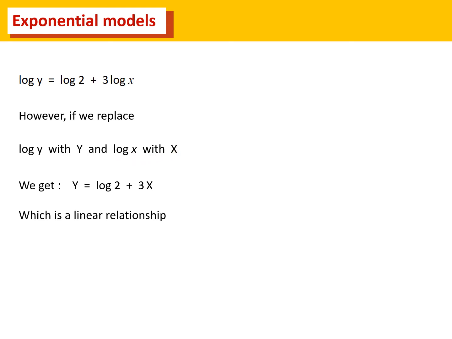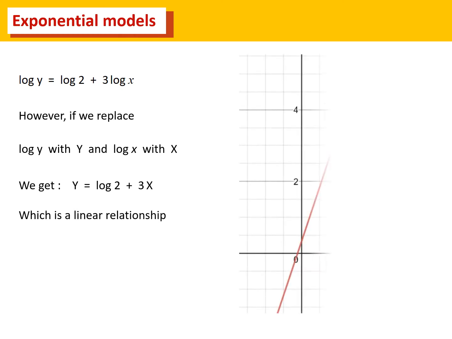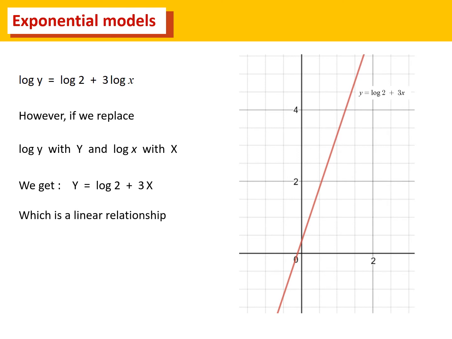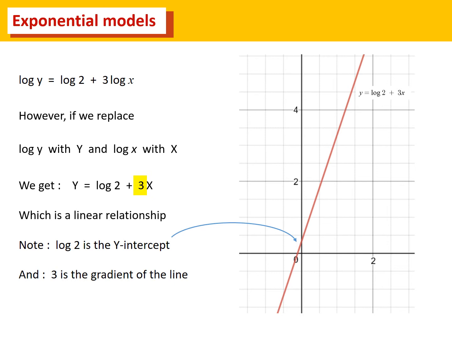So this now is a different relationship between a new variable called capital Y and a new variable called capital X. When we have a look at that relationship, we can see that it's saying Y is some constant plus 3 lots of X. And that's a linear relationship, that's a straight line relationship. And that is what the straight line would look like. Log 2 would be the y-intercept, and the gradient of that line would be 3.